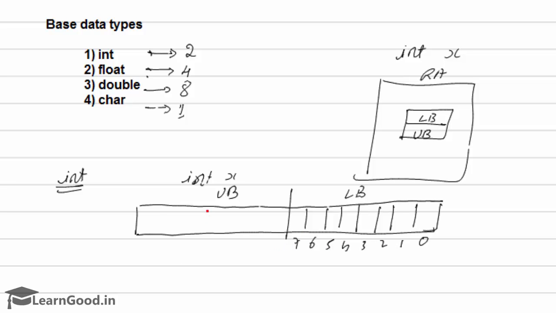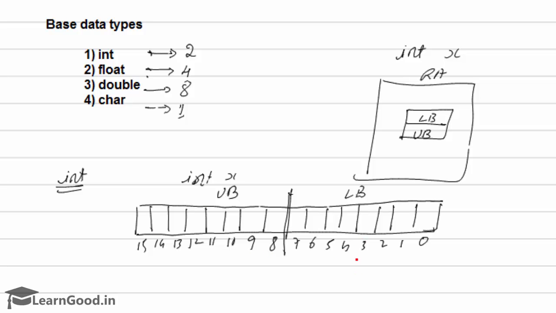In the same way, the upper byte is again made up of 8 bits, and we number them 8, 9, 10, 11, 12, 13, 14, and 15. That is a total of 0 to 15, 16 bits, which means 2 bytes. So 0 to 7 is the lower byte and 8 to 15 is the upper byte.